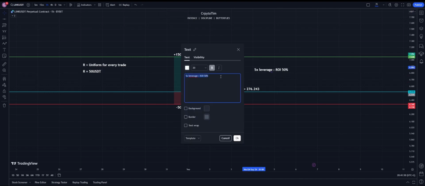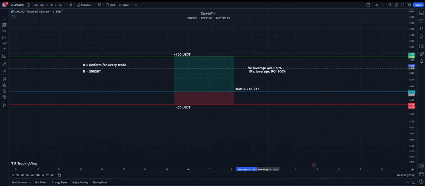But if you take that exact same trade on a 10x leverage, you will get an ROI of 100%. Where is my percentage? It's dark in here. So you see, it's the exact same trade, and the ROI will be different based off your leverage.